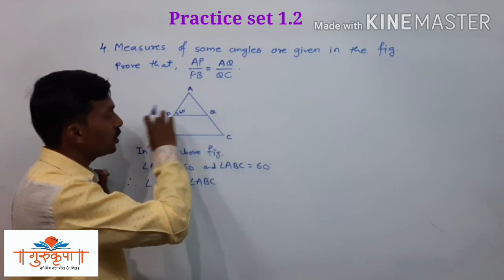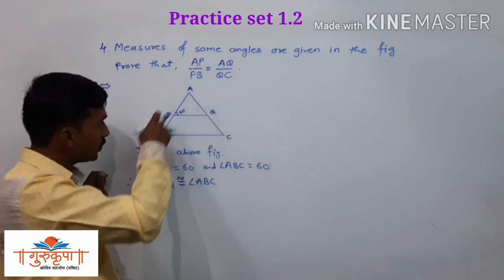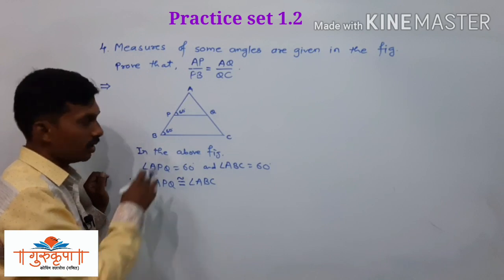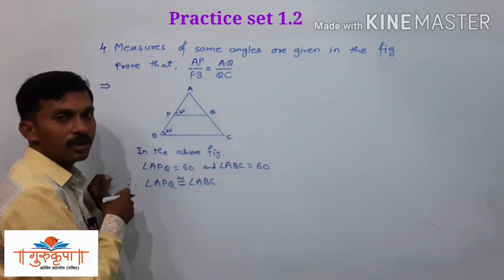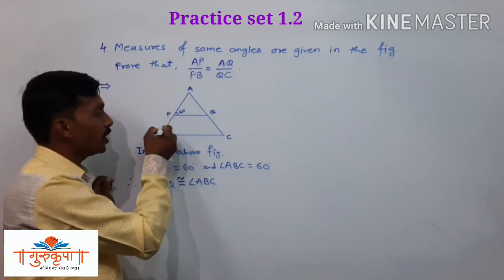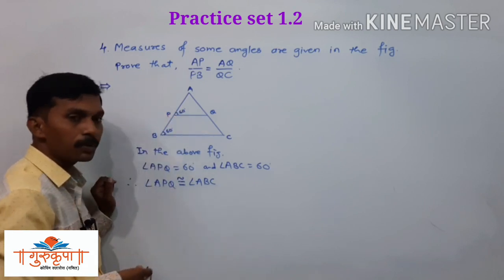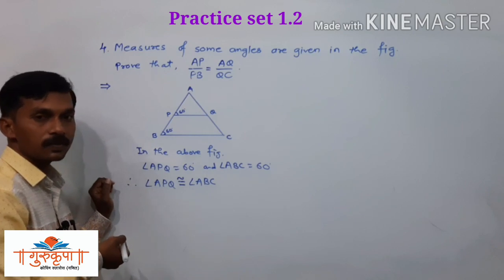Here the two lines are PQ and BC and their transversal is APB. These two are the corresponding angles and they are congruent, as given.